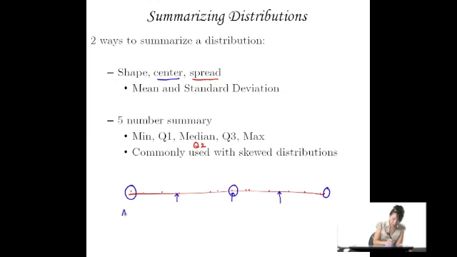So here's the min, Q1, Q2, also the median, Q3, and also the maximum. In that way, we get a 5-number summary. We may not know all the little dots in our distribution, but we have a very general idea of it.